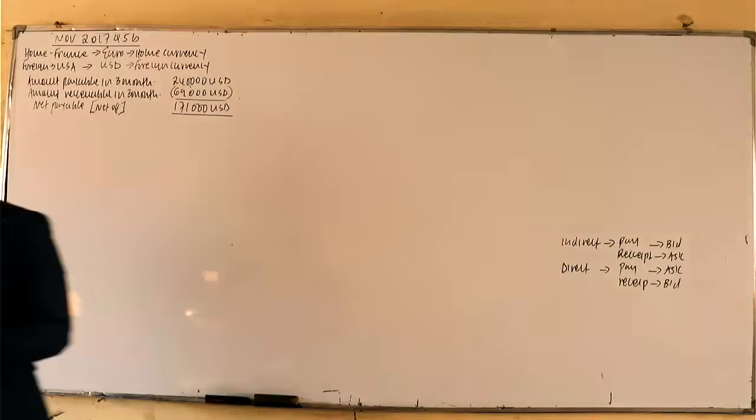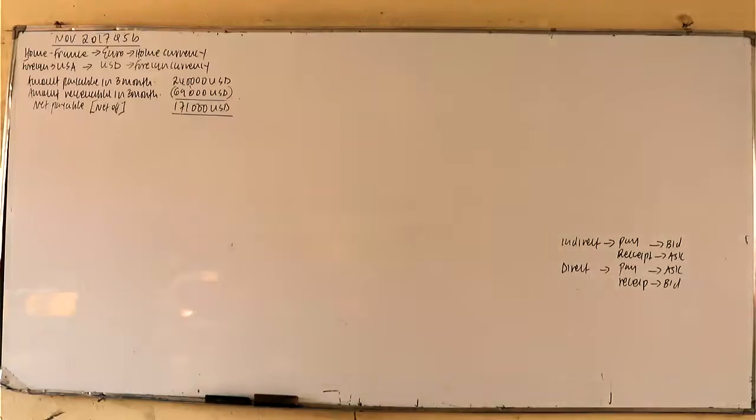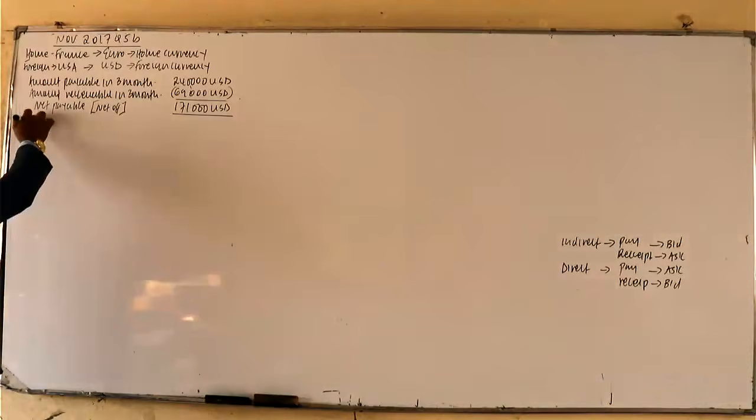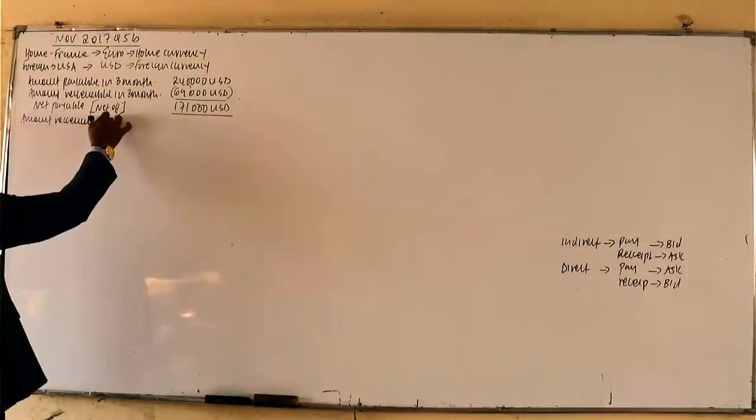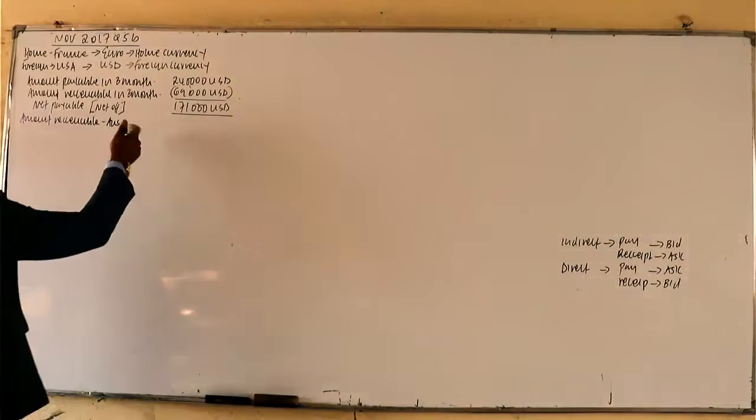Then you are told that, payable in 3 months, the Australian customer has been invoiced 395,000 Australian dollars, payable in 4 months' time. We had also exported to Australia, so the amount receivable from Australia will be in Australian dollars.